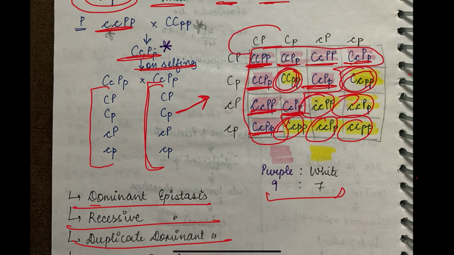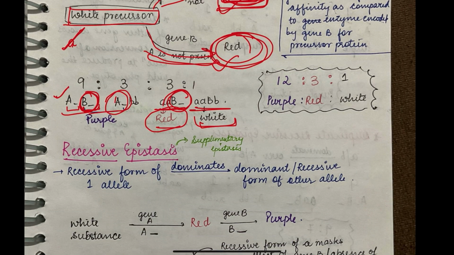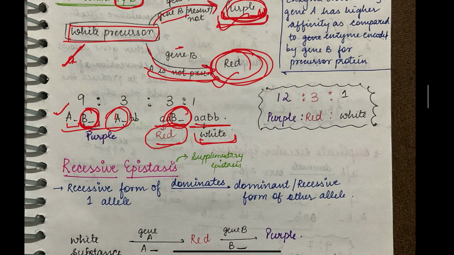In 3 of them, we get one dominant, and in 3 of them, we get the other one dominant, and in one, none of them is dominant, right? So here we have to see that gene B works only when the A gene is not present, right?